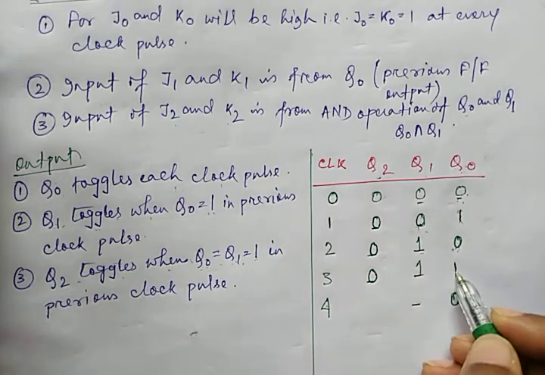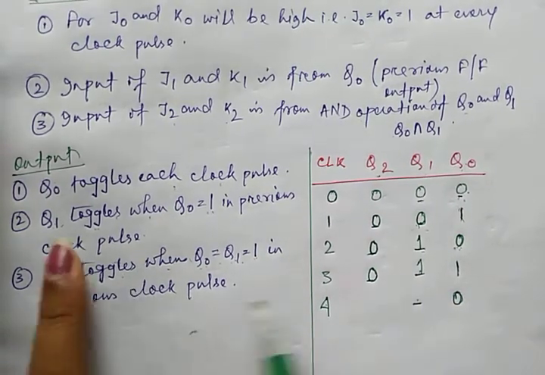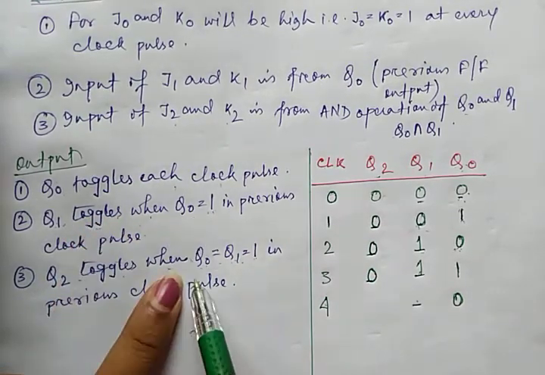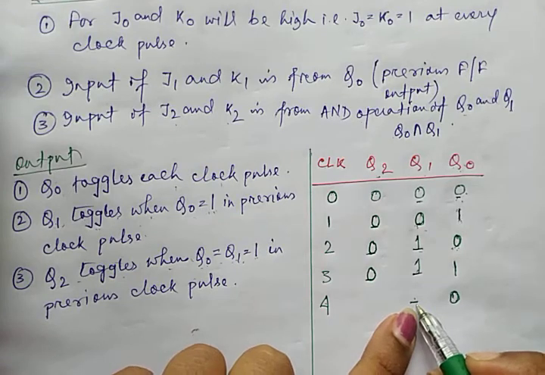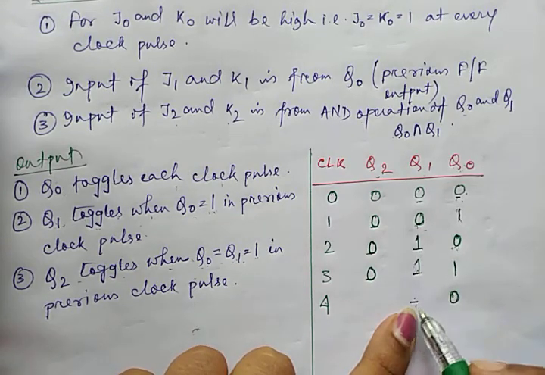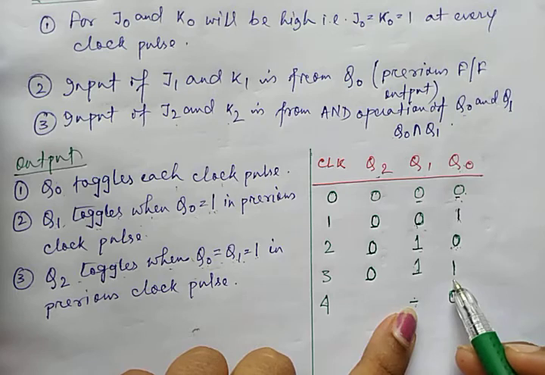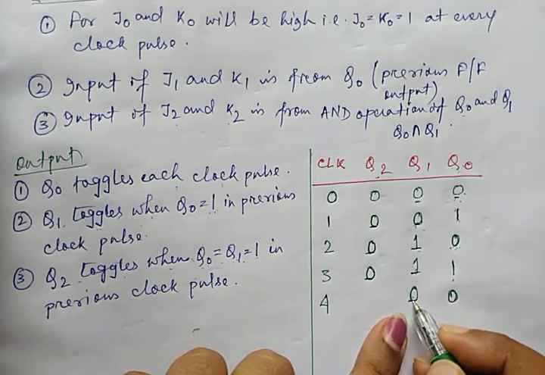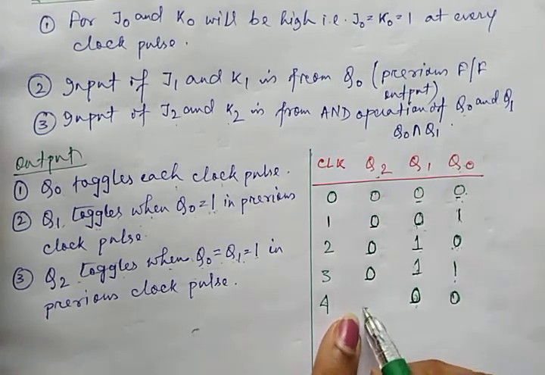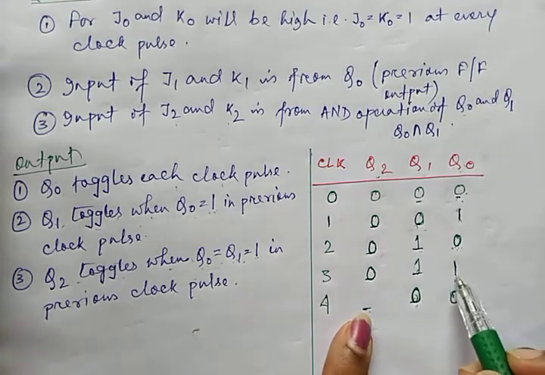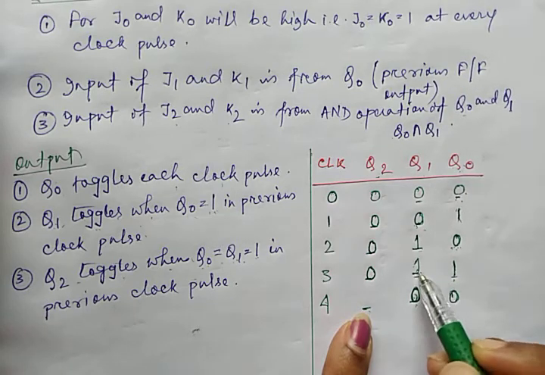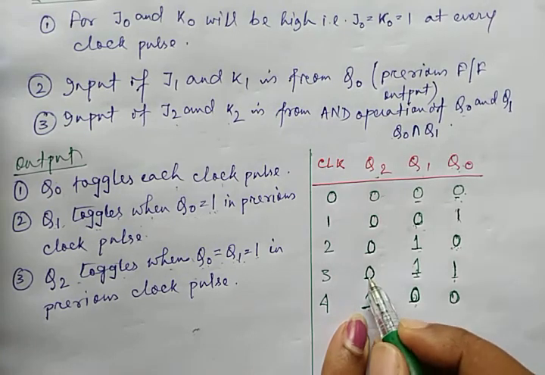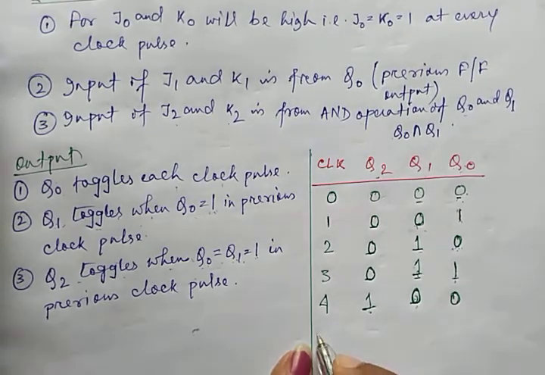Q1, as Q0 is 1, toggles. All the time you have to check this condition for the toggle. Q1 is 1, and Q0 was 1 in the previous value, so Q1 toggles into 0. And for Q2, you can see both the values of Q0 and Q1 are 1, so for that reason it will toggle. Toggle means it was 0, now it will be 1.